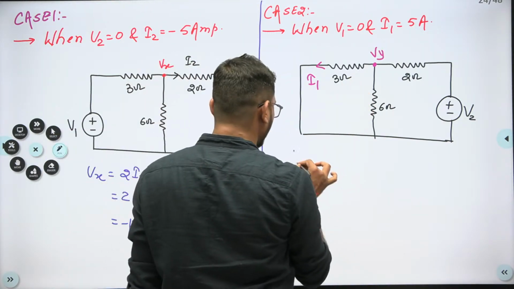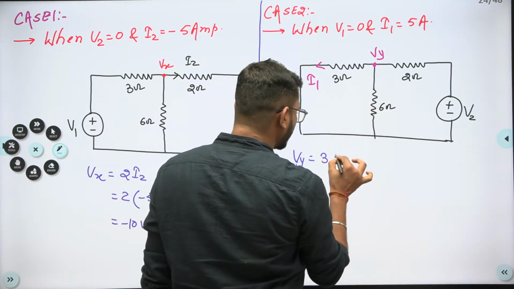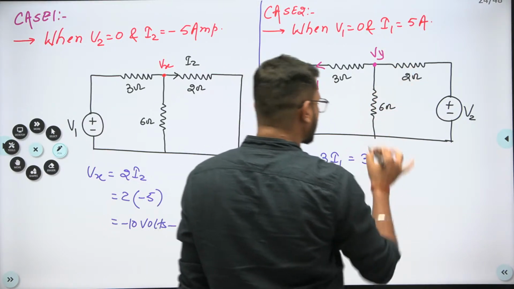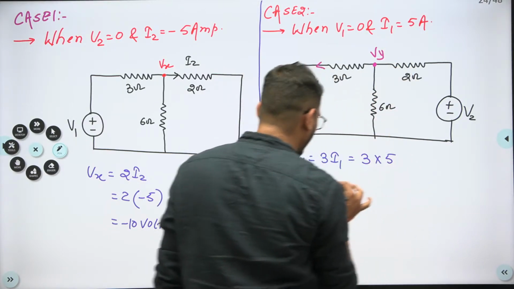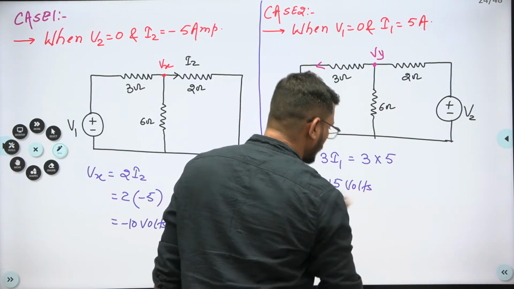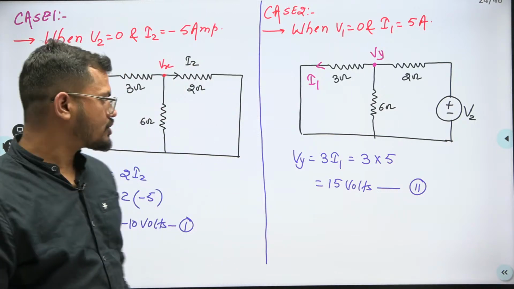Yes, it's very easy. Vy is nothing but 3 times I1, and the value of I1 is 5, so 3 into 5. That's why I'm writing 15 volts as the value of Vy, guys. This is our equation 2.